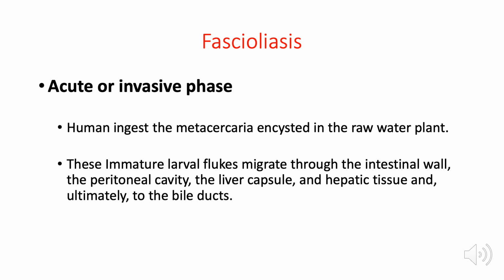Their presence in the peritoneal cavity may still be asymptomatic, but the moment that they burrow themselves into the Glisson's capsule, into the hepatic tissue, for them to gain access into the bile duct, that's the time that the patient will become symptomatic or will manifest the signs and symptoms. And what are these? We will discuss that later.